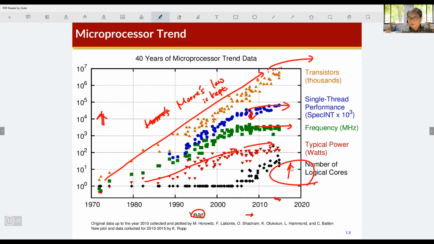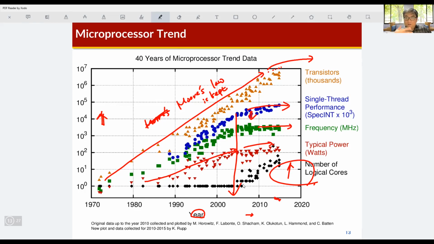So what does that mean? Actually, the performance of a single core saturated in the early 2000s, before 2010. Then how can we improve the performance of a CPU? With multi-core.